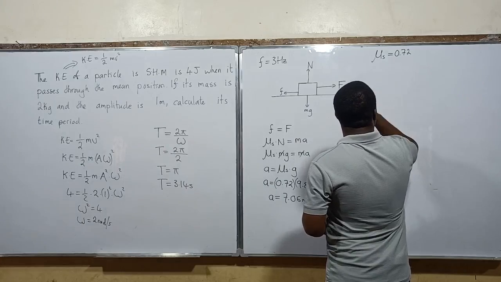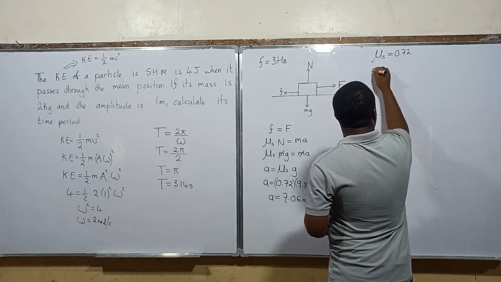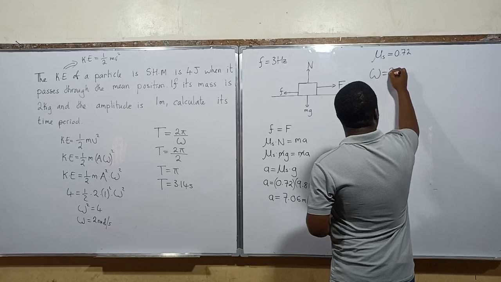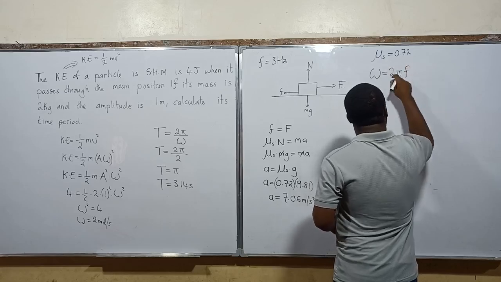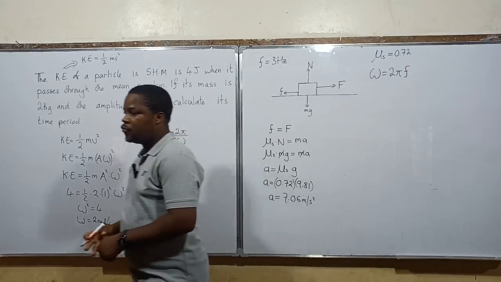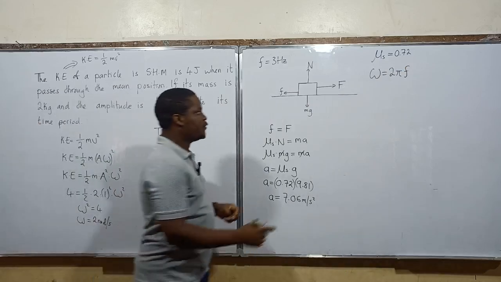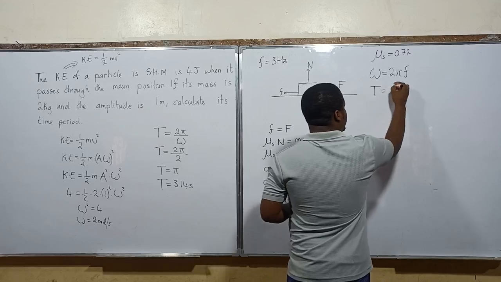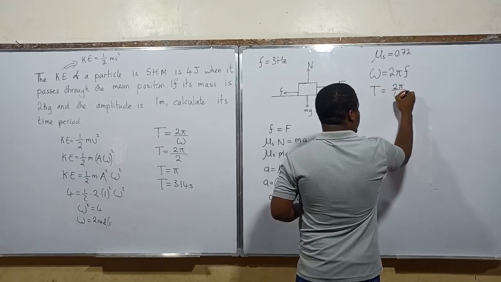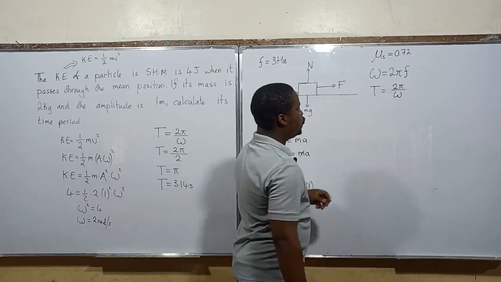Omega, which one should we use? Omega is equal to 2 pi frequency. This formula is coming from this one. Remember, period is equal to 2 pi over omega.